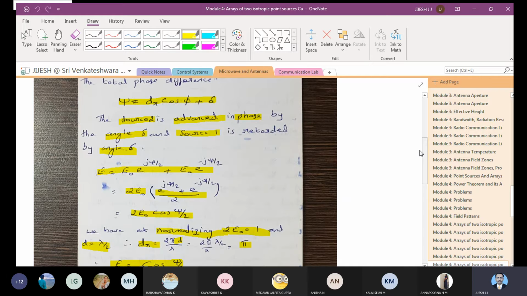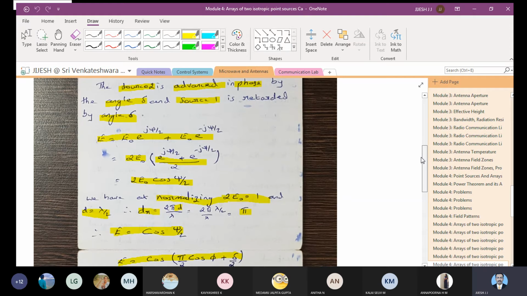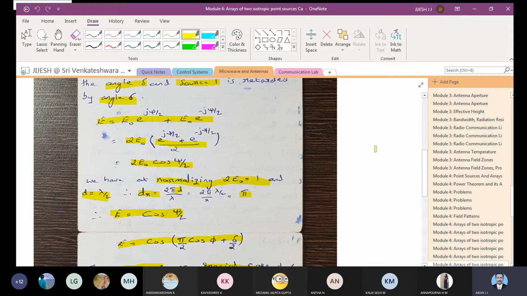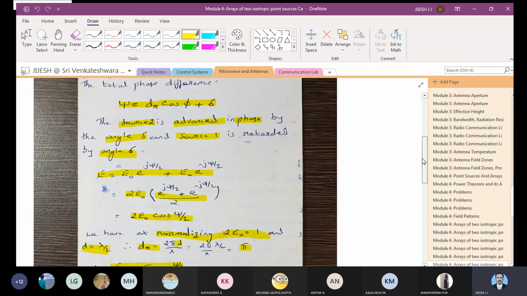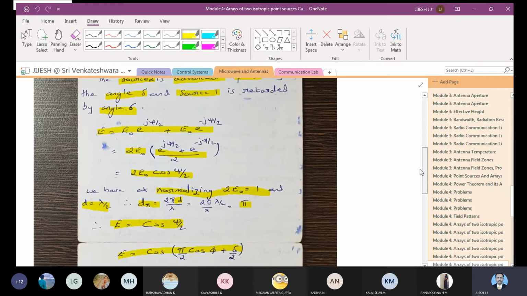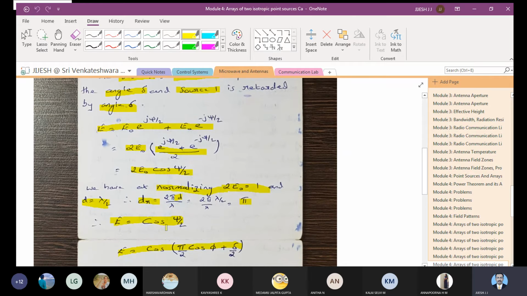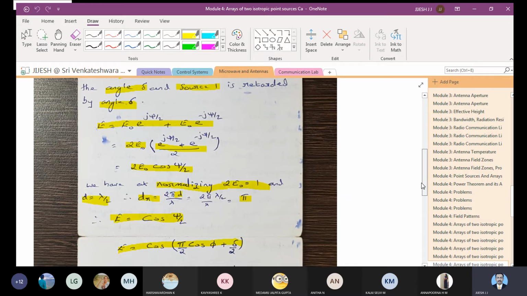So E is equal to cos of psi by 2. Substituting psi as dr cos phi plus delta, with dr equal to pi, I get E is equal to cos of (pi/2)(cos phi plus delta).